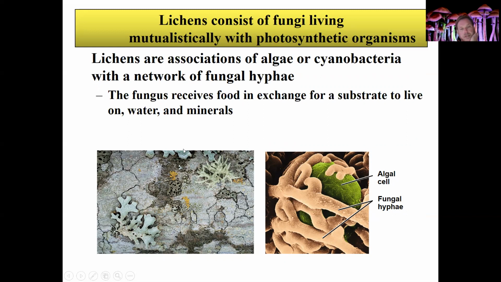And you've probably seen lichens all over the place. They come in different types. They come in crustose forms, forming a crust. Foliose forms like leaves. And this spiky type thing too.